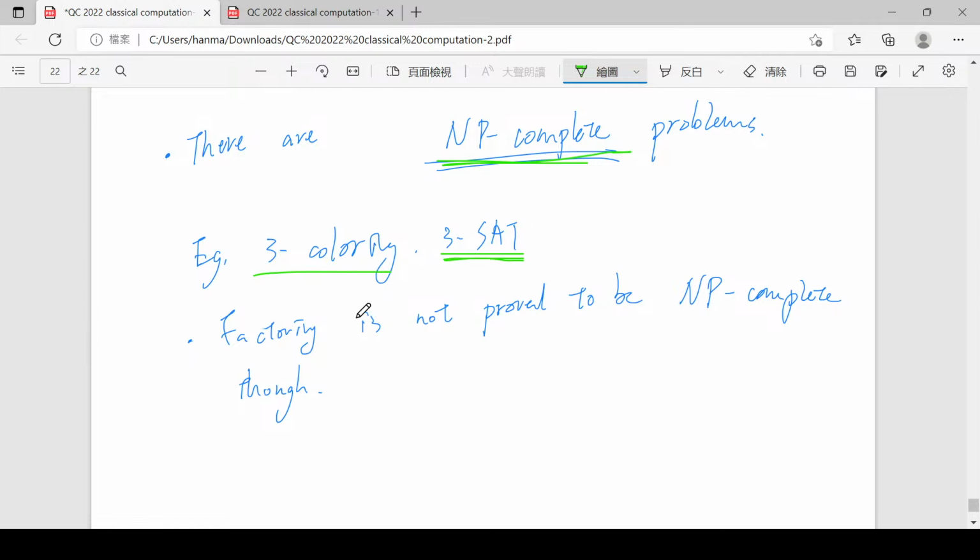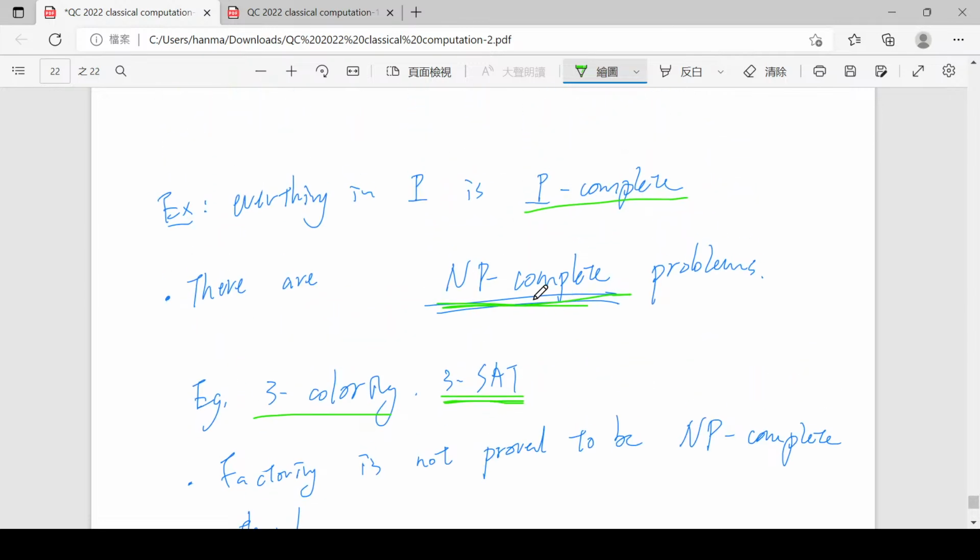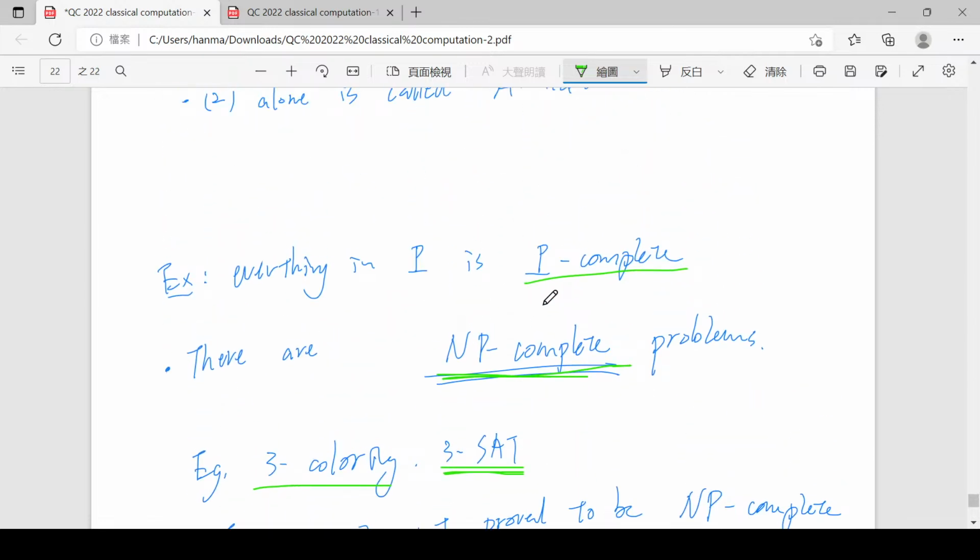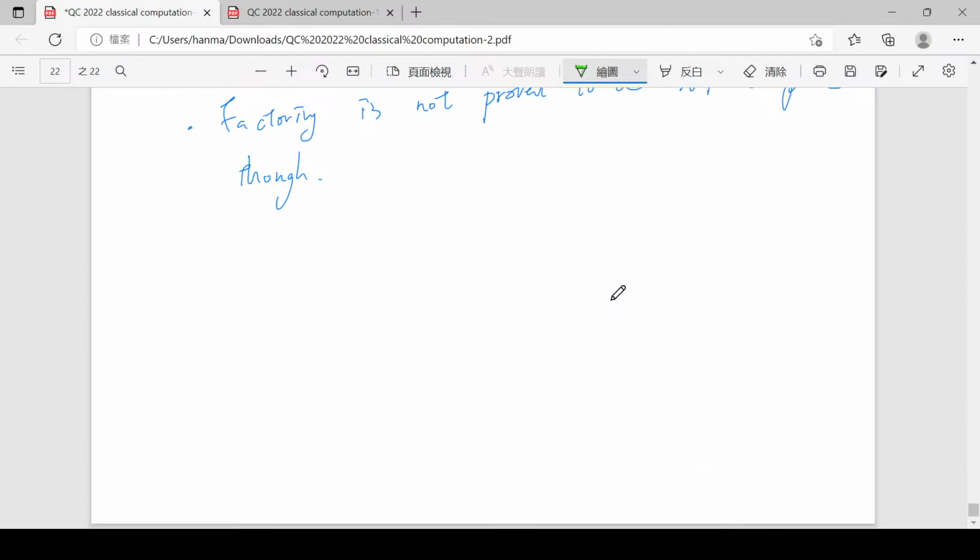We have time, so we'll do this. This is a really famous theorem that 3-SAT is NP complete. Obviously we don't have time to do the proof here.